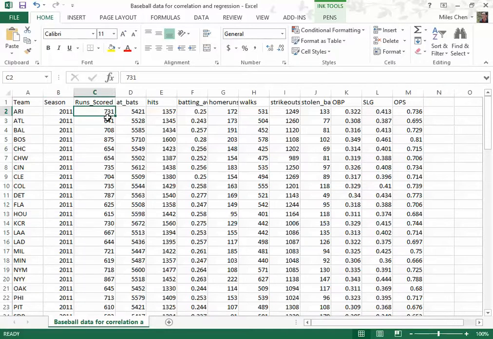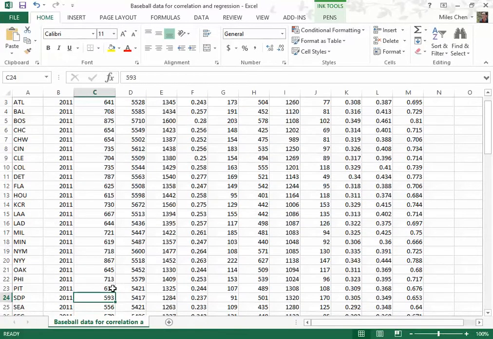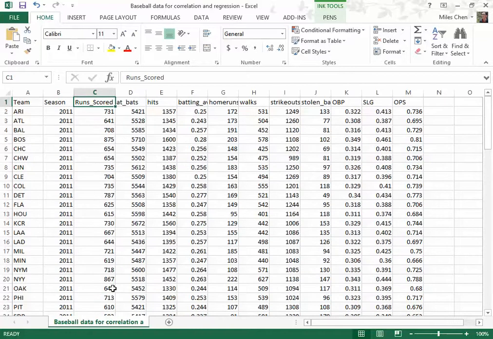Successful teams, like the Boston Red Sox, scored a lot, 875. Poor teams that year, like the San Diego Padres, only scored 500, so Seattle did poorly. So anyway, we could look at the runs scored.